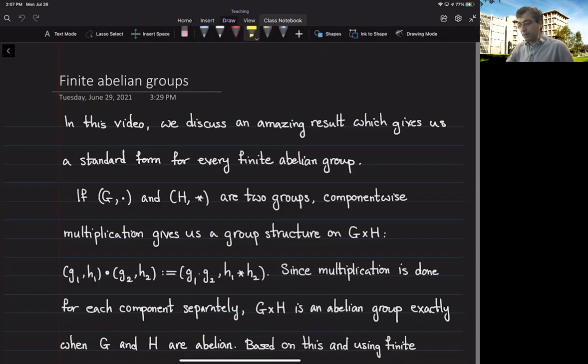(g1 times g2, h1 times h2), where I'm using multiplication in the first group, in group G, for the first component, and I'm using the binary operation of the second group, H, for the second component. So I'm essentially doing component-wise multiplication.